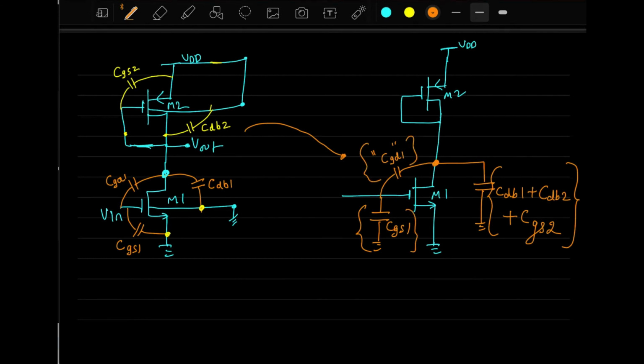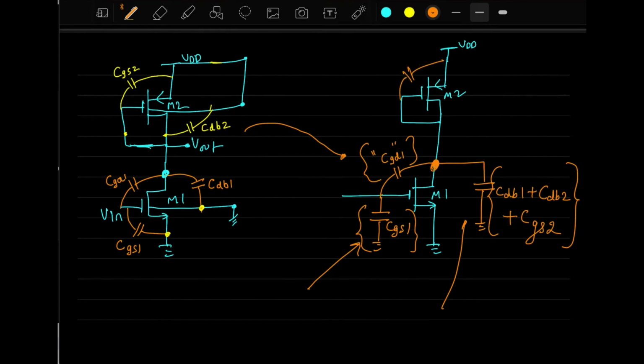So this is basically a small exercise for you to identify which are the internal capacitances, how to find them, and how to lump them together. There may be circuits where it's not necessary that you will have capacitance only at the input and output. There may be a situation where there are capacitances somewhere in between also.